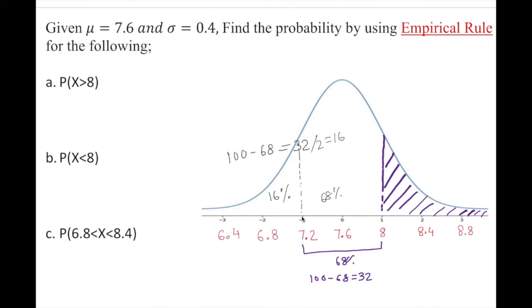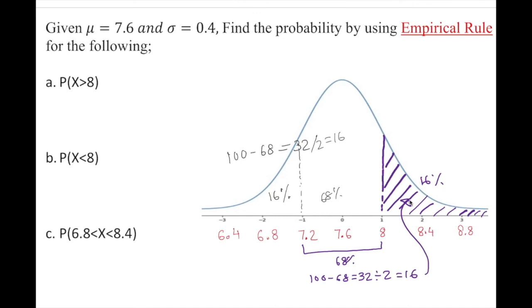And 32 is basically the remaining piece here. In other words, this side is 16, this side is 16. This one plus this one is 32. So we are not interested in both sides, we are interested in only one side. So divided by 2, that would be 16. So that is 16%. Okay, so that's how we find that.